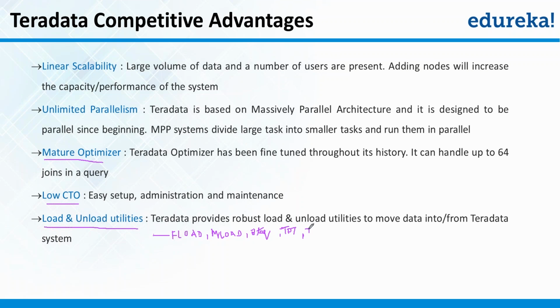And then you also have load and unload utilities. Here you have some traditional load utilities called FastLoad, MultiLoad, MLoad. Then you have BTEQ, and you have Teradata Parallel Transporter, which is TPT.